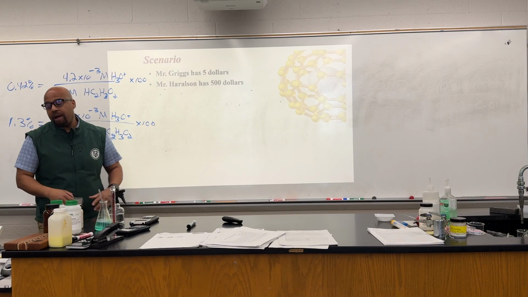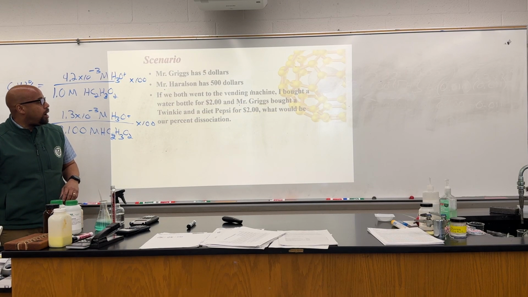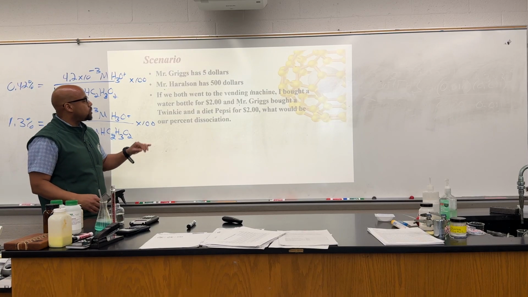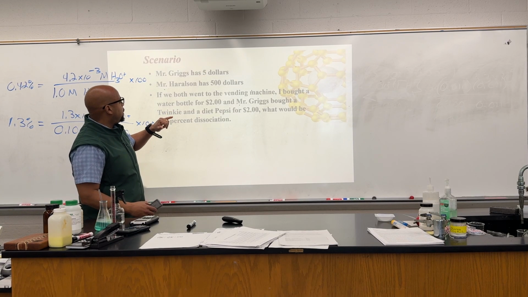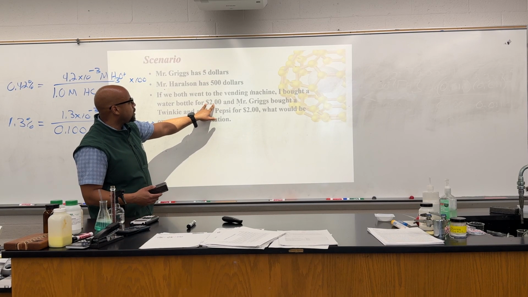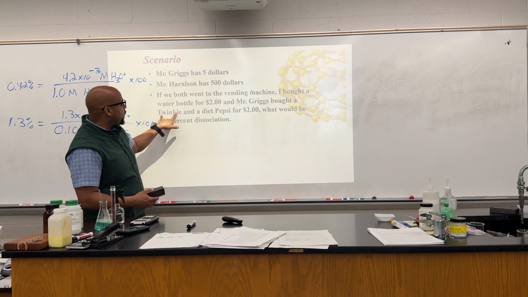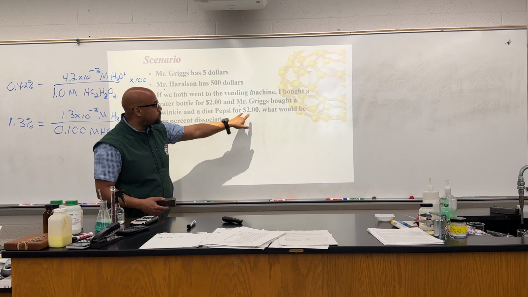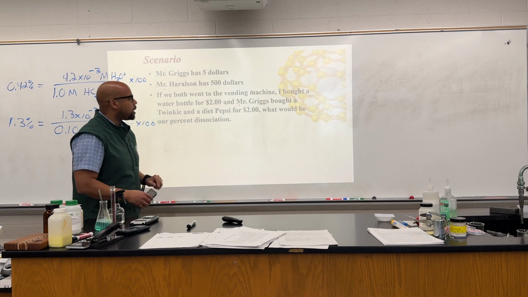All the money I have is $500 in this case. We both walk into the store and go to a vending machine. I bought $2 of water, and Mr. Griggs bought a Twinkie and also a Diet Pepsi, but he spent $2 as well. So we both spent $2.